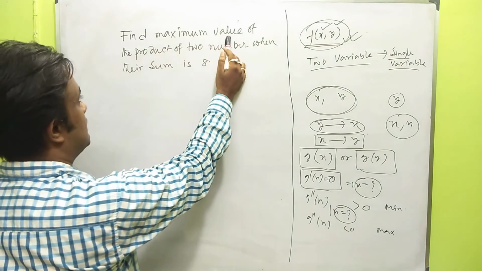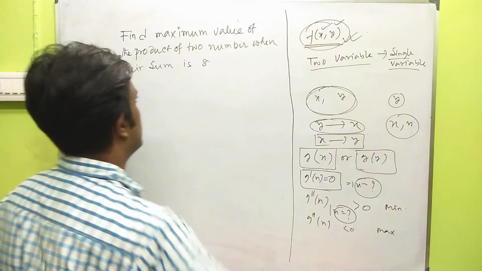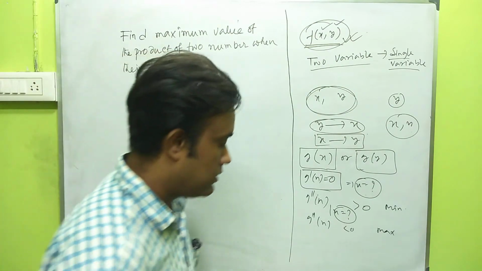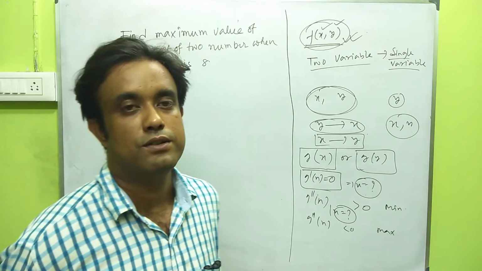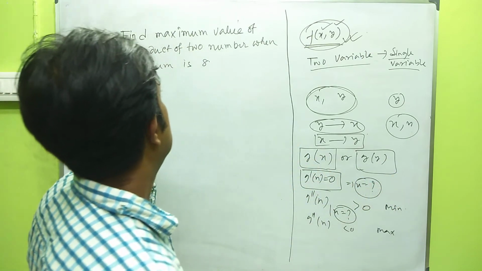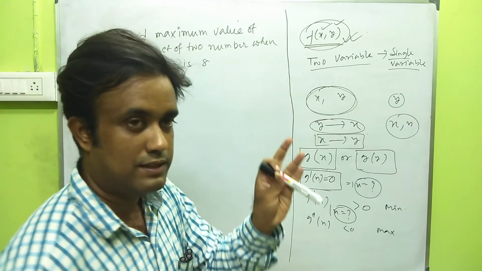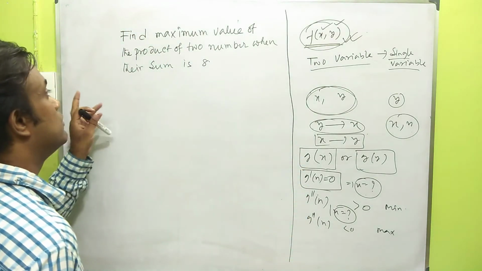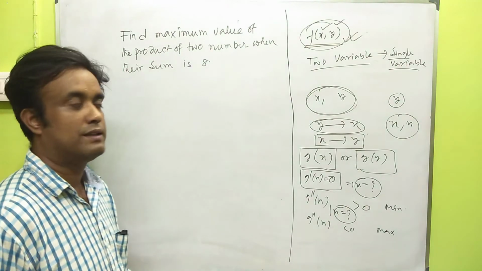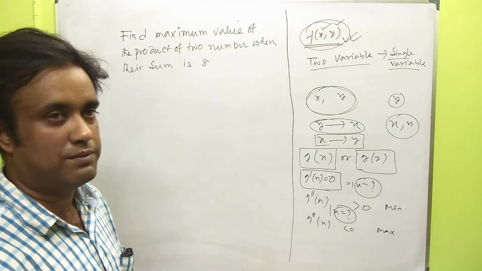Find the maximum value of the product of two numbers when their sum is 8. So first we have to understand what the condition is and what value we have to find. What value means either maximum or minimum.